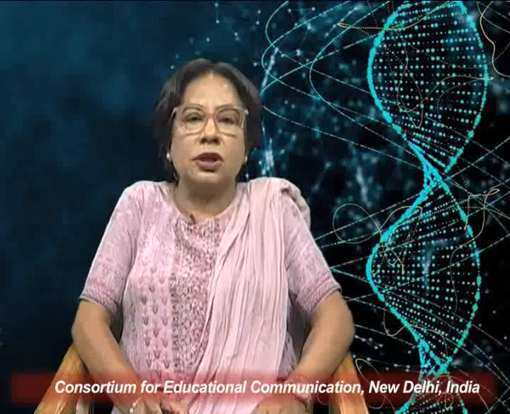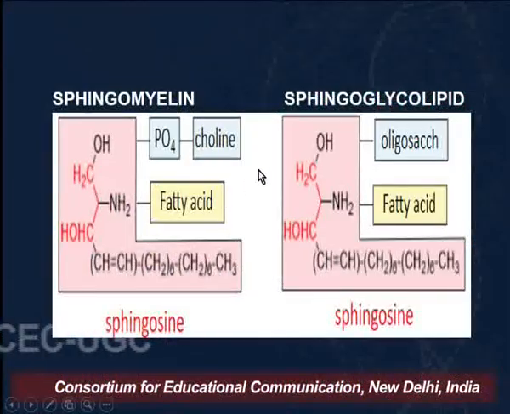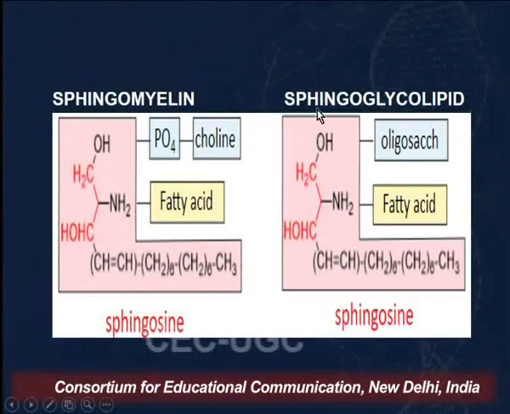So when we compare the structures of sphingomyelin with glycosphingolipid, we find that in sphingomyelin as in glycosphingolipids, the basic unit is the same, that is, the ceramide unit, right? This is the basic unit.